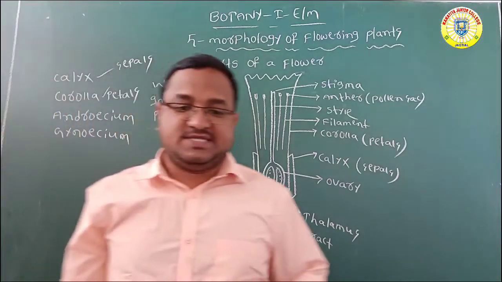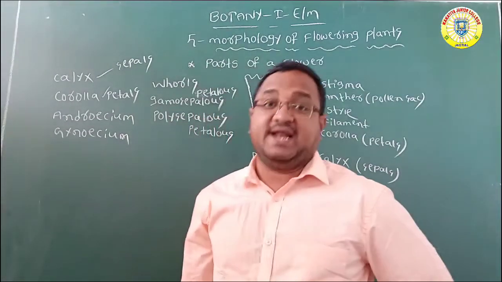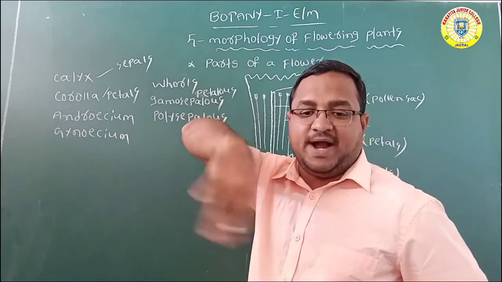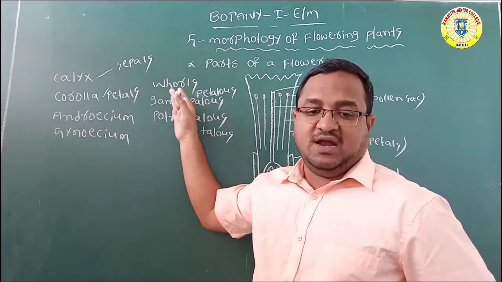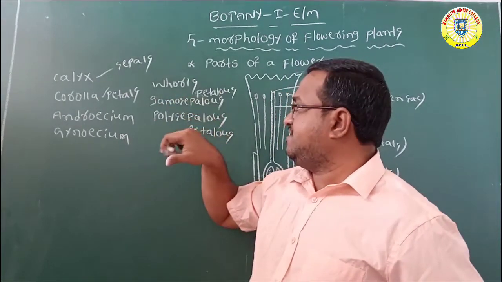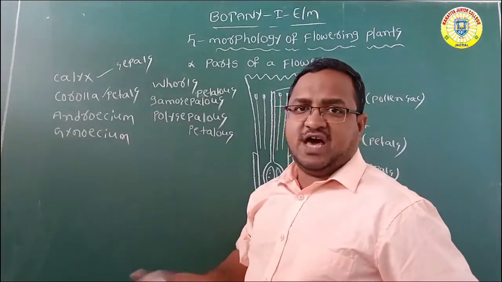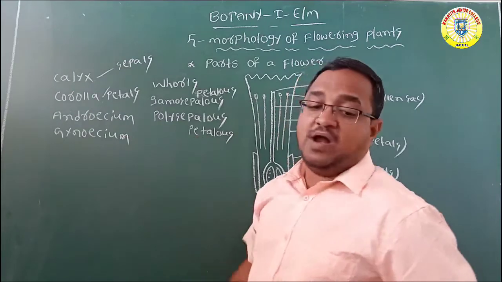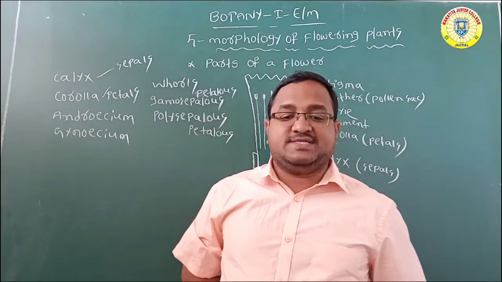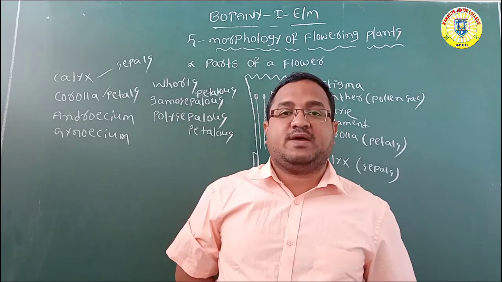Gamopetalous and polypetalous. If the corolla is combined, all the petals combined, that we call gamopetalous. If the petals are separated, they are free, that we term as polypetalous. Okay, these are the types of the corolla.